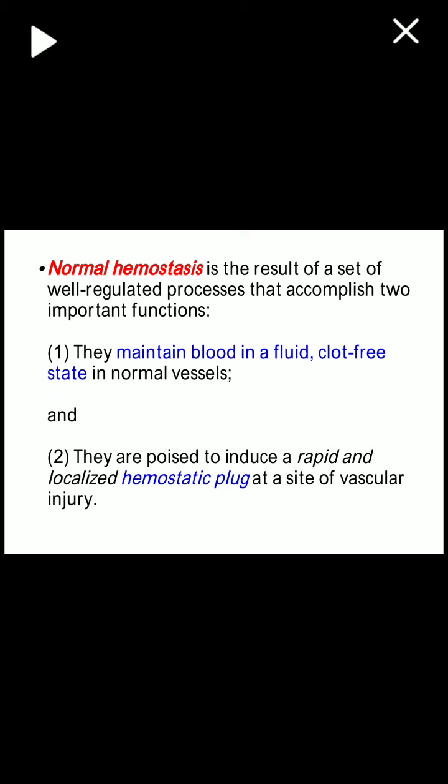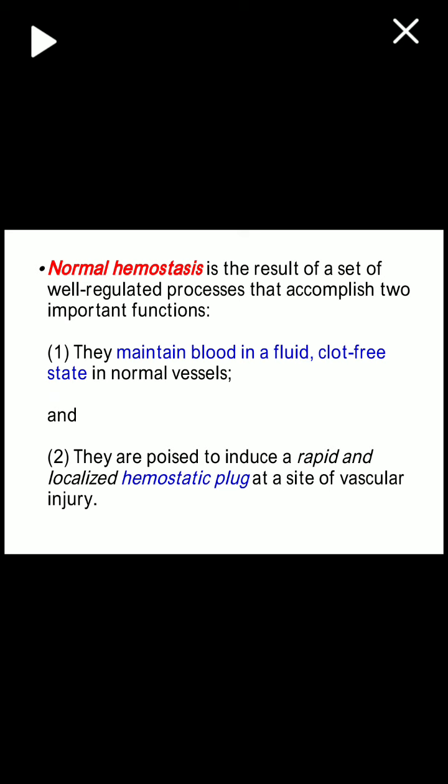Normal hemostasis is the result of a set of well regulated processes that accomplish two important functions. First, the main function is to maintain the blood in a fluid state, that is a clot free state in a normal vessel, so that there is a free flow of blood in all the blood vessels.